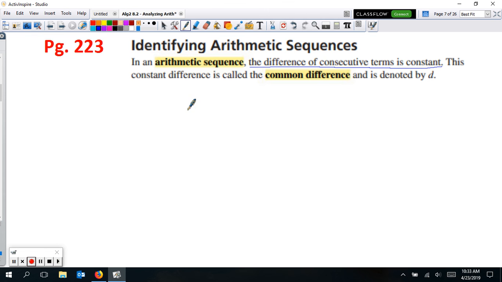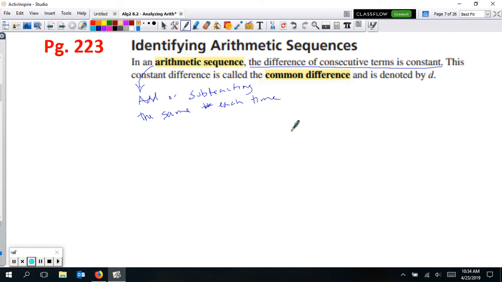So you're either adding or subtracting the same number each time. Arithmetic sequences are basically adding or subtracting the same number each time.